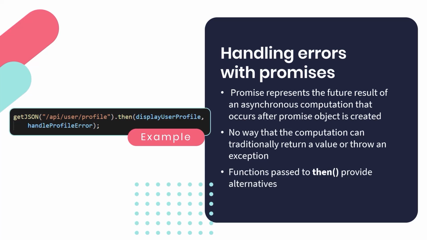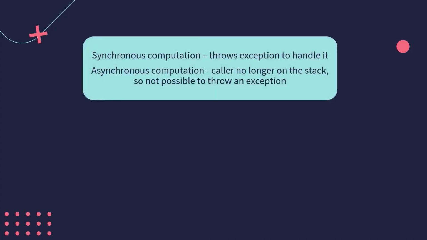When a promise-based asynchronous computation completes normally, it passes its result to the function that is the first argument to then. When something goes wrong in a synchronous computation, it throws an exception that propagates up the call stack until there is a catch clause to handle it.